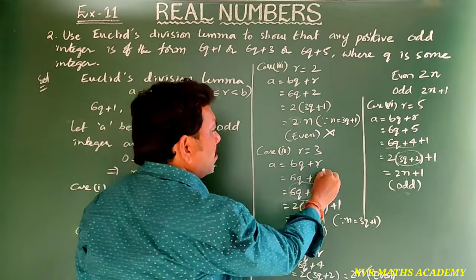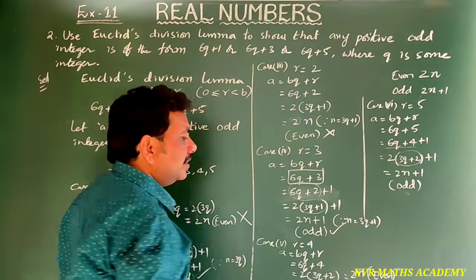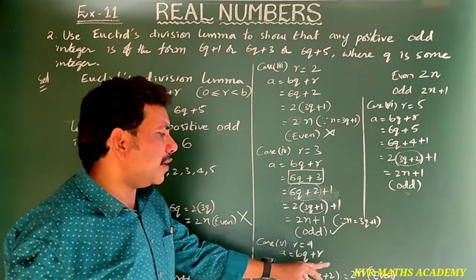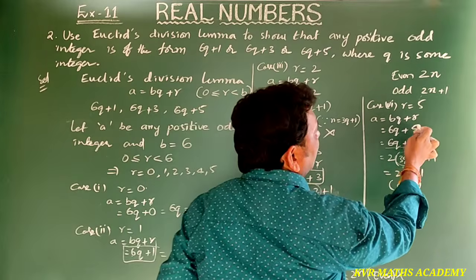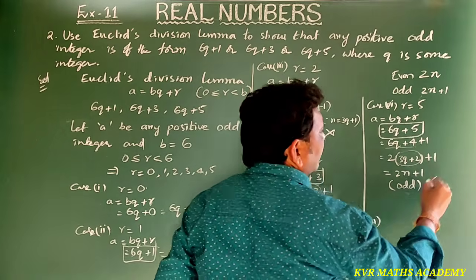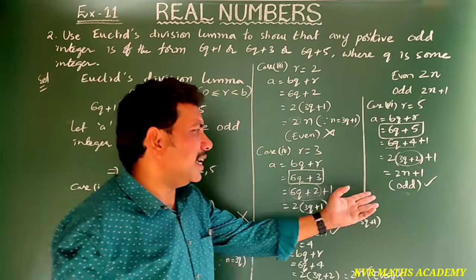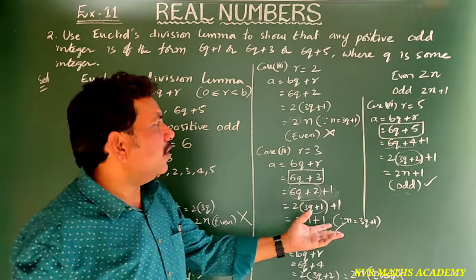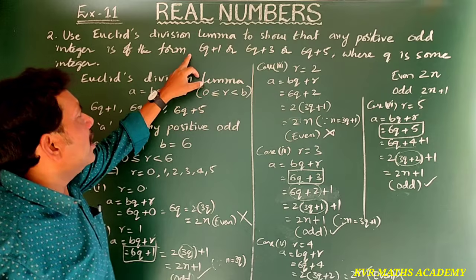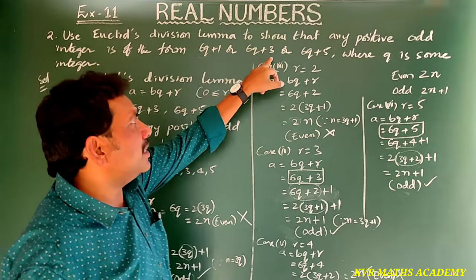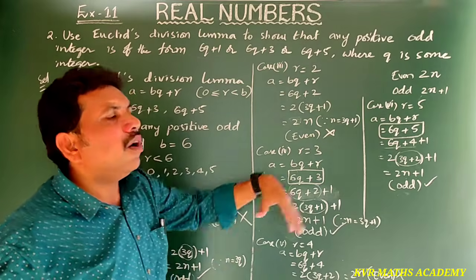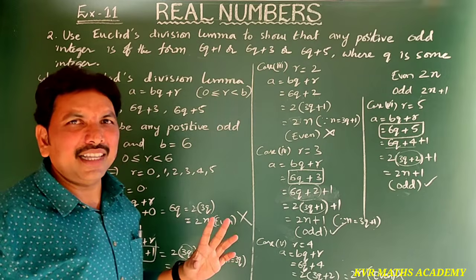Next, 6q plus 3 is odd. 6q plus 4 is even. Next, 6q plus 5 is odd. So from this we can conclude that the numbers of the form 6q plus 1 or 6q plus 3 or 6q plus 5 are odd integers.